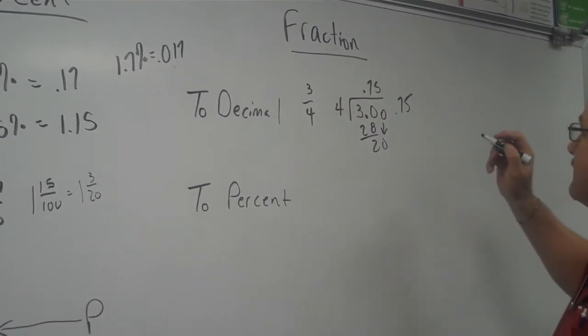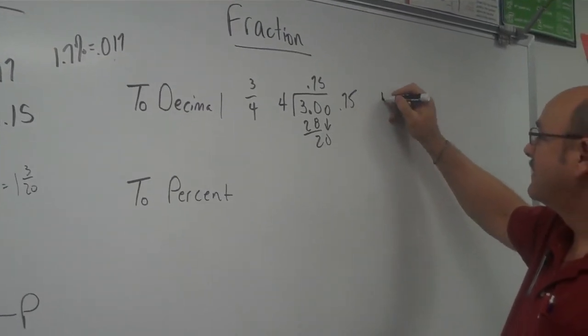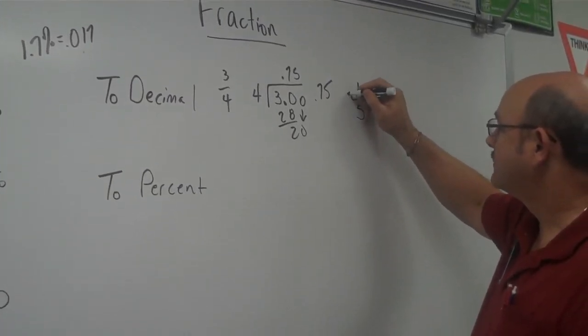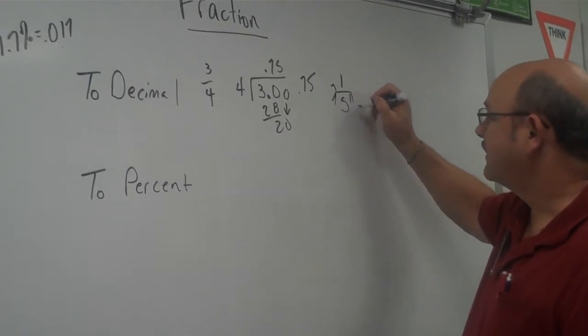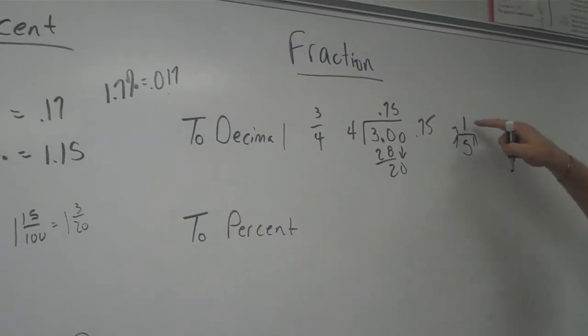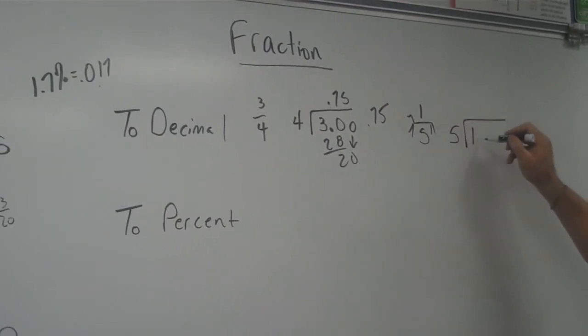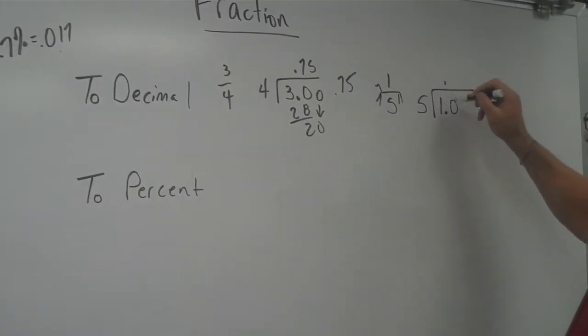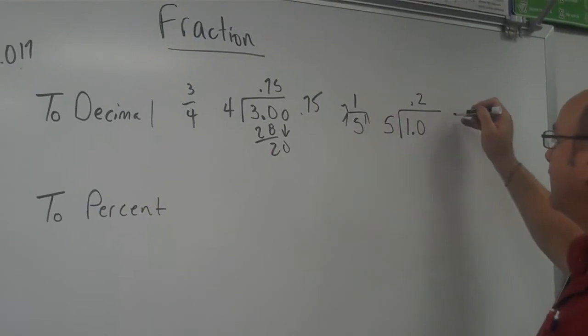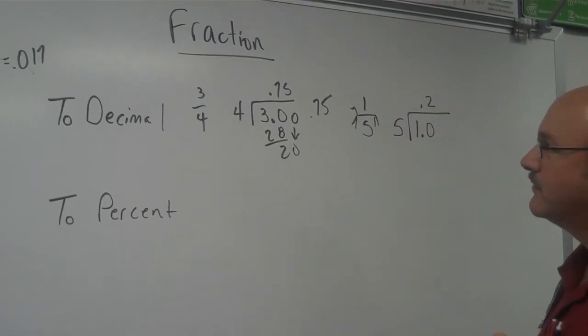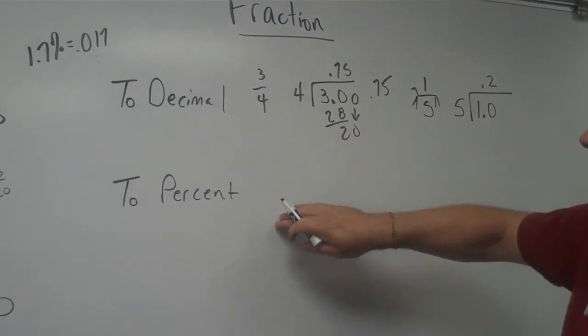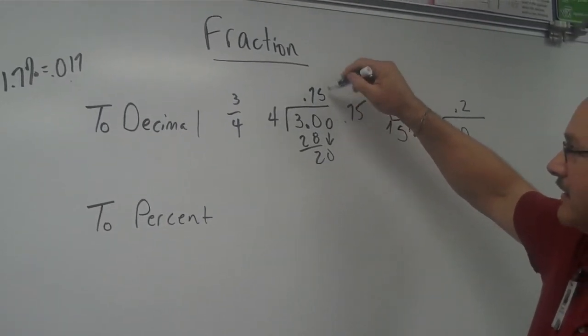I tell my students to think of these as a horse and rider. If you can't remember which goes on top and bottom, the rider goes in the house, the horse stays outside the house. Decimal, decimal. 0.2. 1/5 is 0.2. To make a fraction a percent, we first make it a decimal.